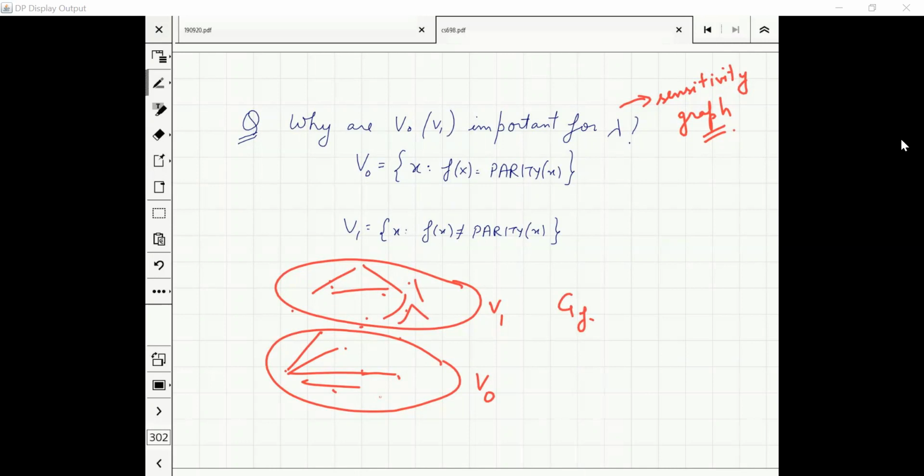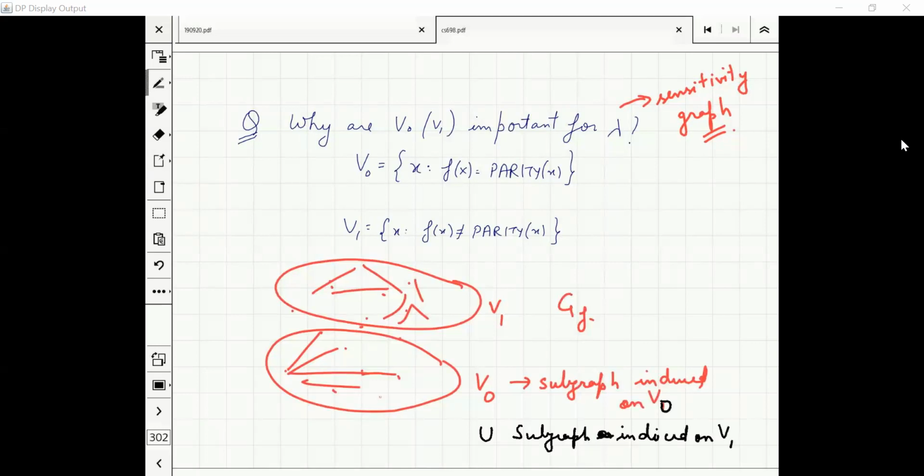Your sensitivity graph is actually the union of two graphs: the subgraph induced on V0 union the subgraph induced on V1. How do we create the edges in V0 and V1?